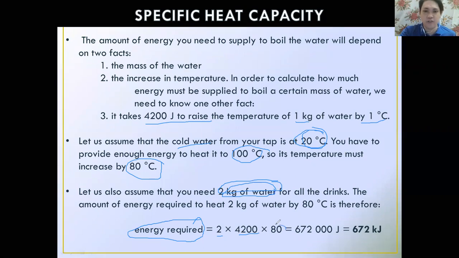And also the 80 degrees Celsius was taken from the temperature must increase by 80 degrees Celsius.